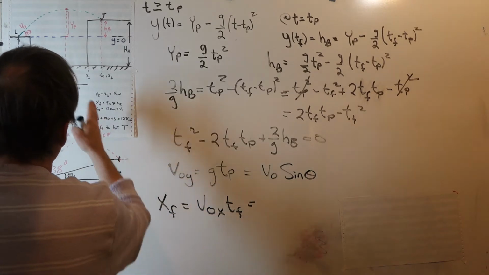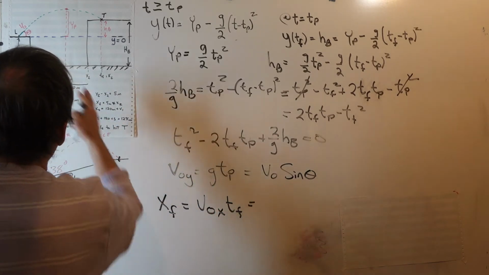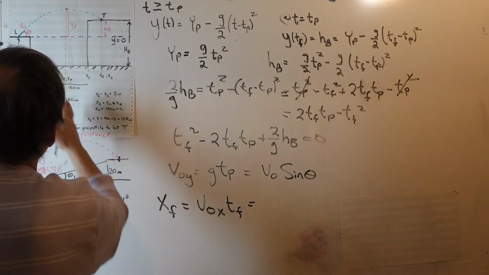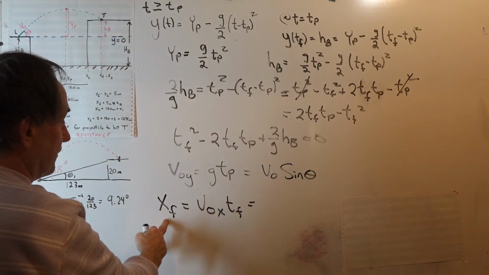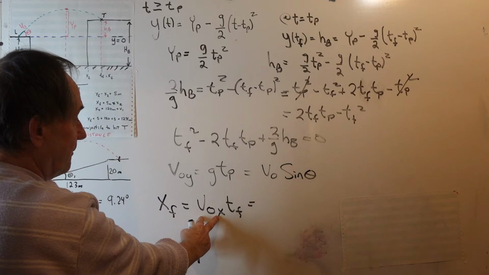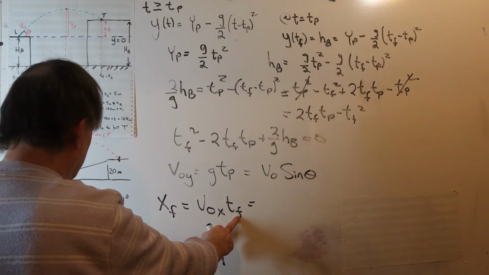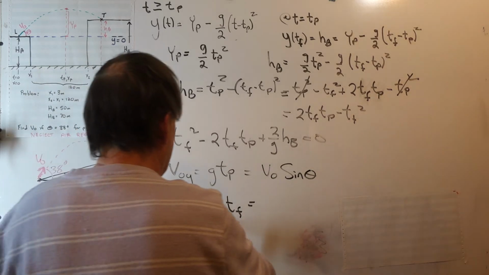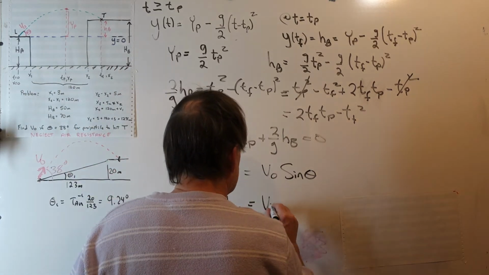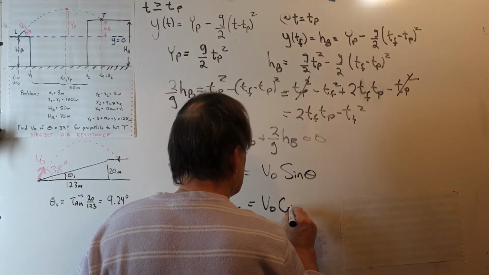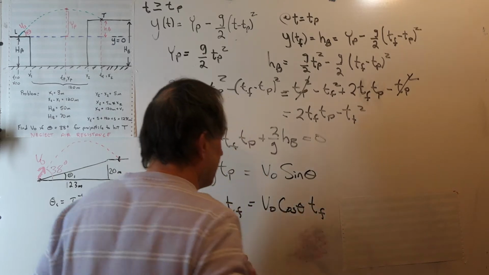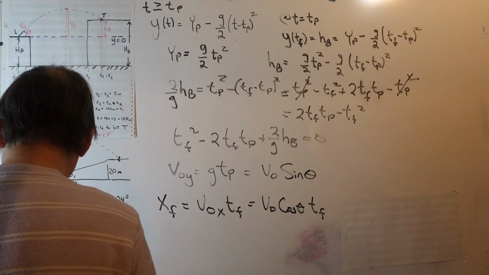Because the x component of velocity remains constant, the distance it travels in the horizontal direction will just be that component of velocity times the flight time, or the final time of the flight. Well, remember V0x is the initial velocity times the cosine of theta, and that's times the final time.